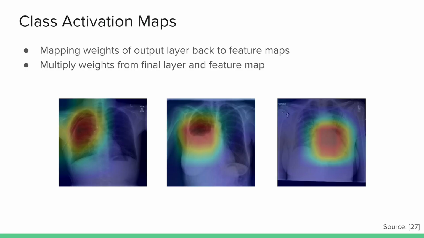So we take those features, we multiply them with the weights of our last layer, and that gives us an activation map which says which features were related to which part of our last layer, which still has the spatial information for images, for example.